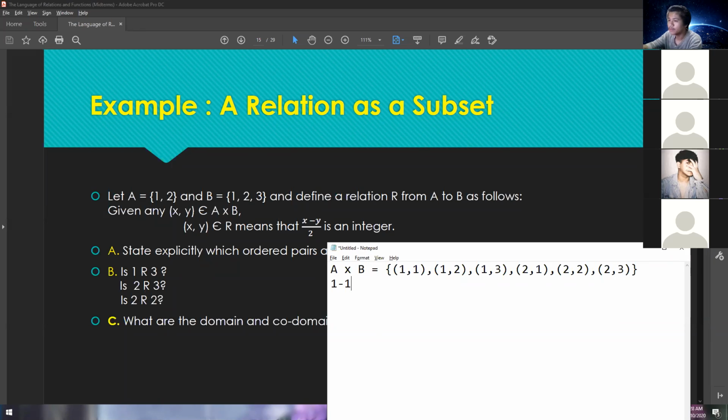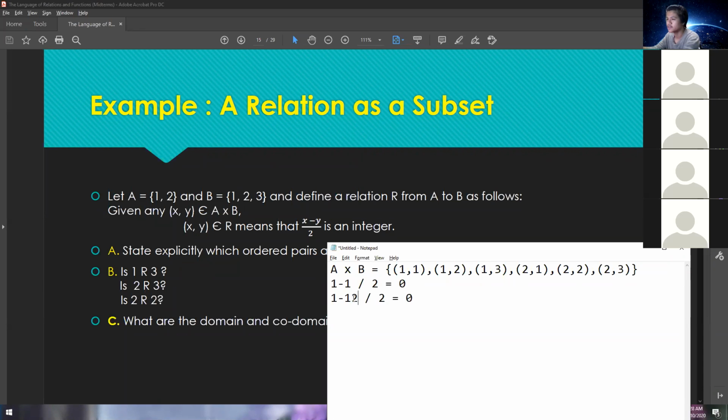So 1 minus 1 divided by 2 is how much? 1 minus 1 is 0, divided by 2 is 0. Okay? How about the next one?